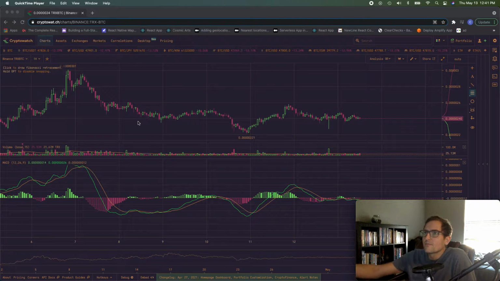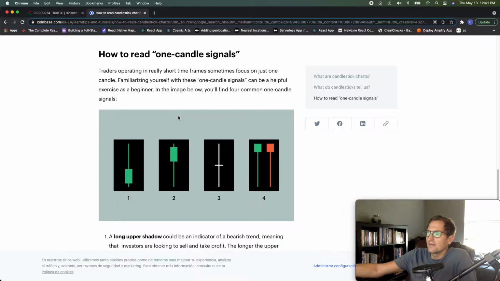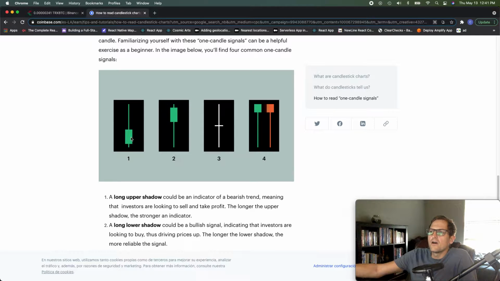Going into the actual individual candlesticks, I have Coinbase pulled up here for you guys. These are one candle signals that you can pick up as a beginner really quickly. Again, there are many other one candle signals that you can use. But here we have a long upper shadow.